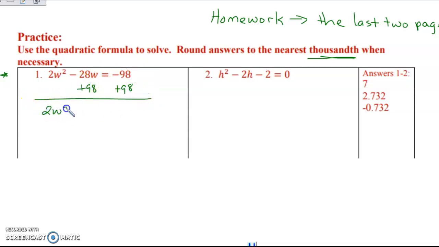So I get 2w squared minus 28w plus 98 equals 0. Now I can identify my A is 2, my B is negative 28, and my C is positive 98.